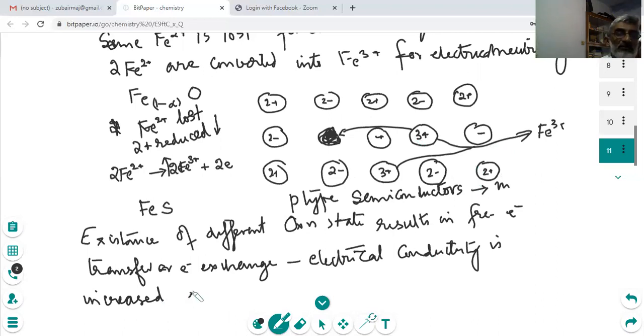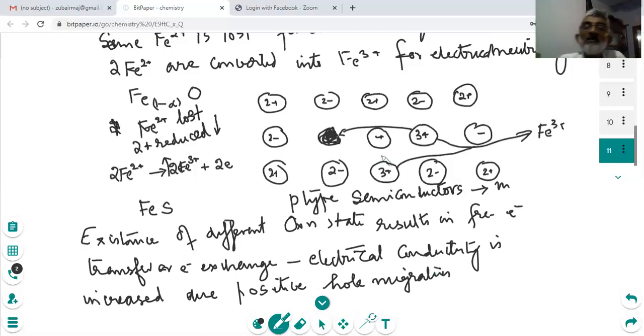And due to positive hole migration, here as I showed you, the 3 plus will jump here like this.